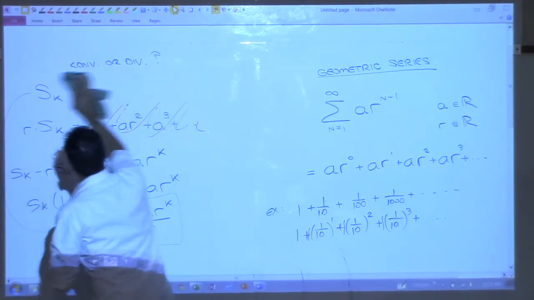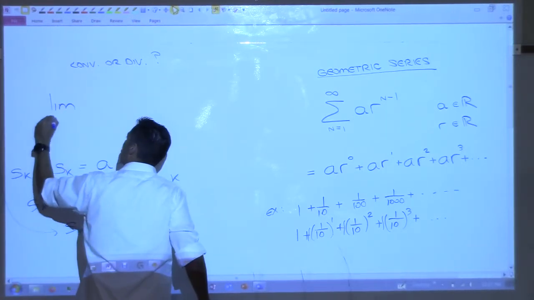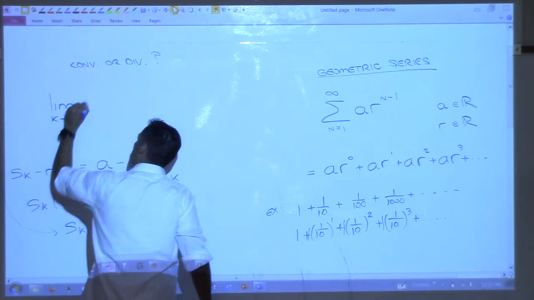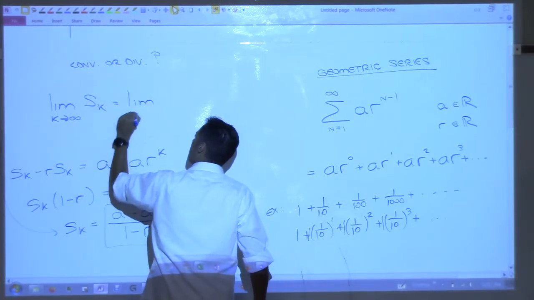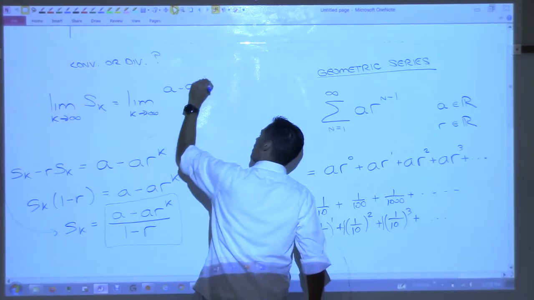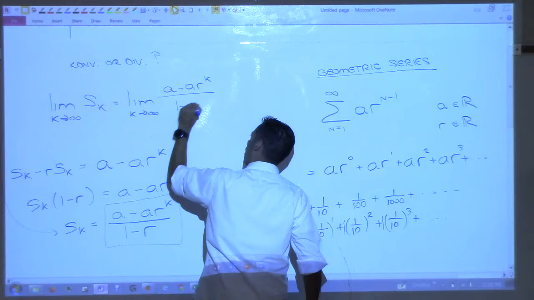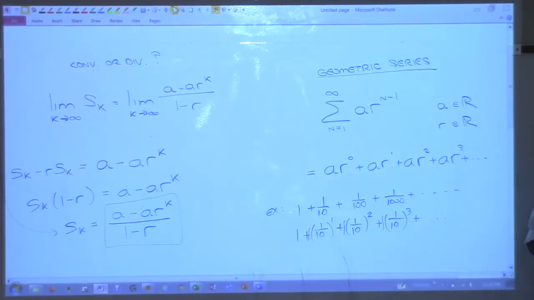So what is the limit as k goes to infinity of s sub k, which is the same as the limit as k goes to infinity of a minus ar to the k over 1 minus r? So what is that limit? You're going to need something from last class.